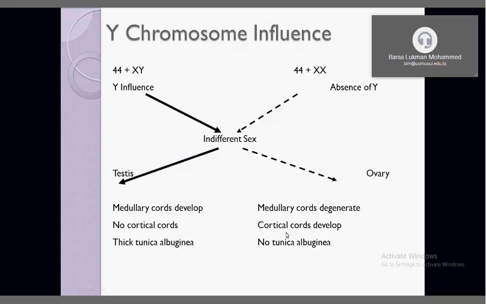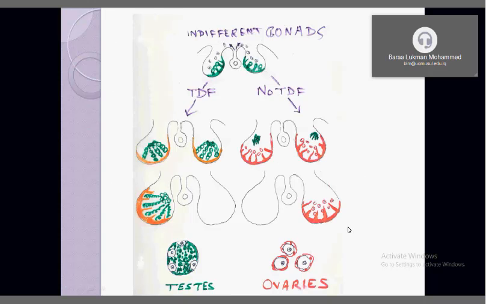While in the absence of the Y chromosome, and again there are certain factors that influence the development of the ovary, the medullary cord degenerates, the cortical cord develops and becomes prominent, and there is no tunica albuginea. And this diagram represents how this differentiation occurs. In the testis there is a prominent medulla, while in the ovary there is a prominent cortical cord.